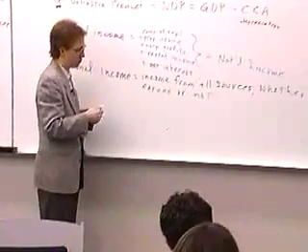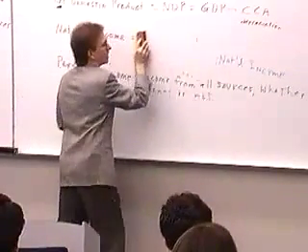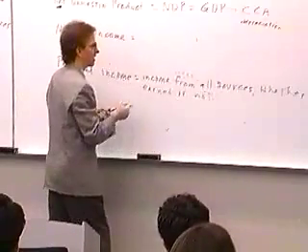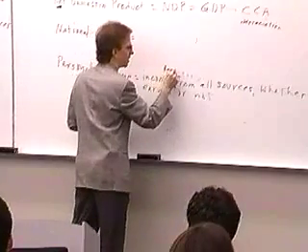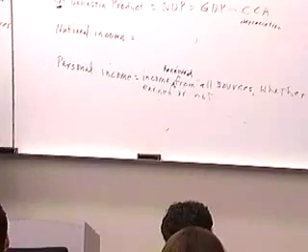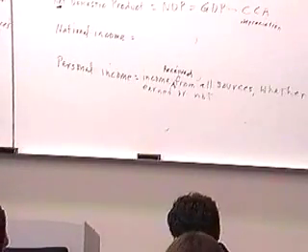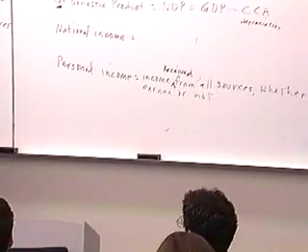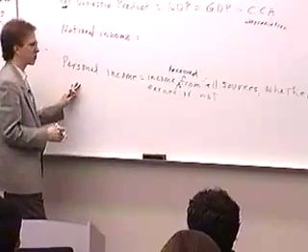Let me just add that word right in there. Income received from all sources. Whether you earn it or whether you don't earn it, it's just received, so we call it personal income. Now, what does personal income equal?